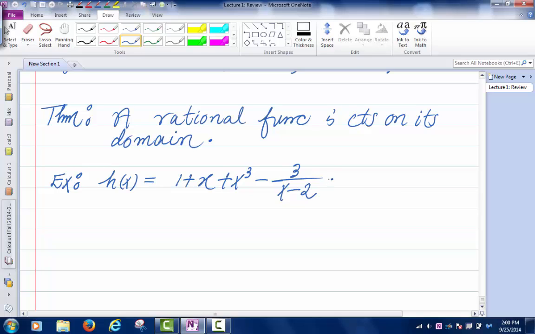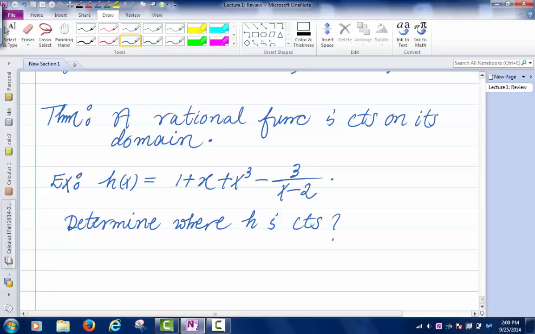Okay, that's the function that I have. Let's say the question is: determine where h is continuous. How do I decide that?